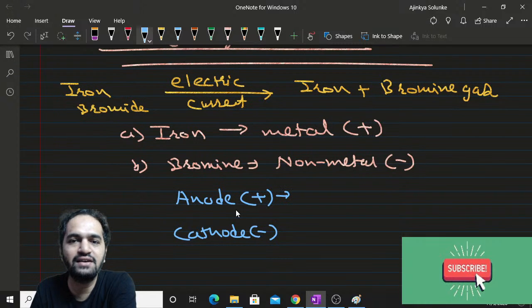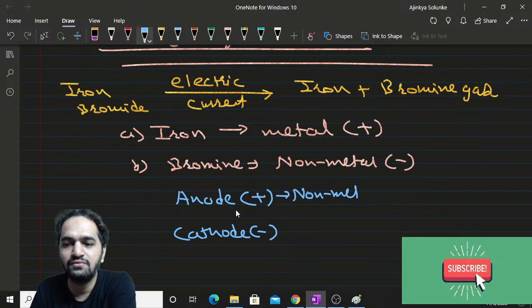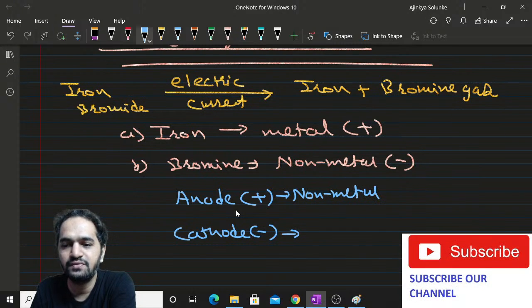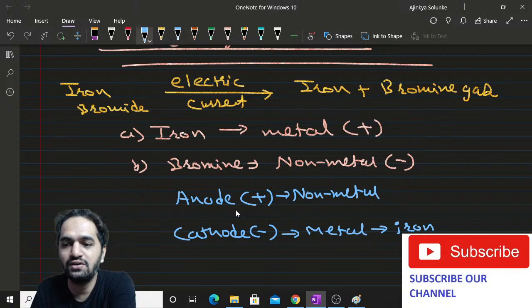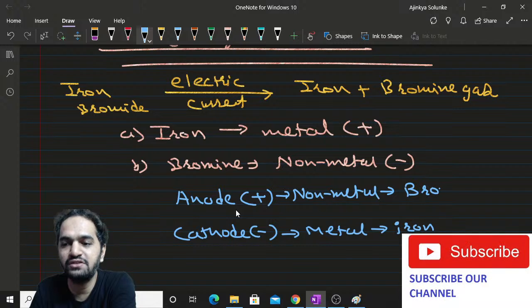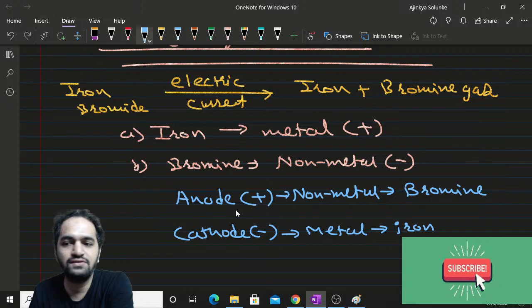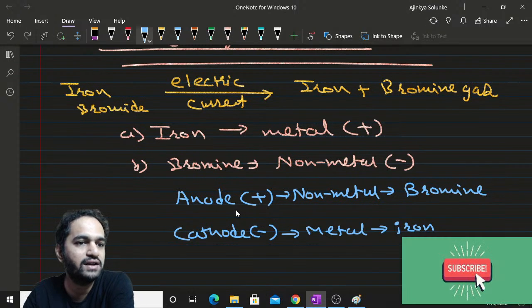So the anode will be attracting negatively charged particles, that is the non-metal, and the cathode is going to attract positively charged metals. The metal in this case is iron, and the non-metal at the anode is bromine. Are you understanding how to find out? I hope everybody has understood how to identify who is going to deposit at what place.